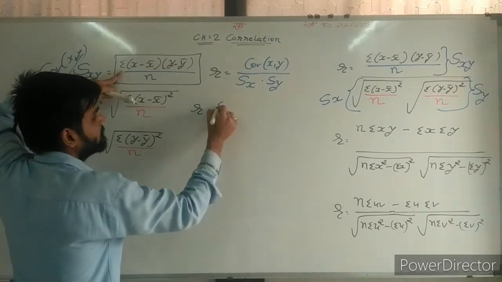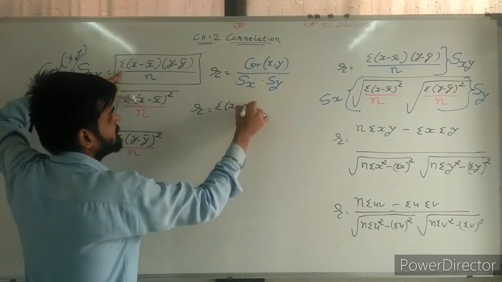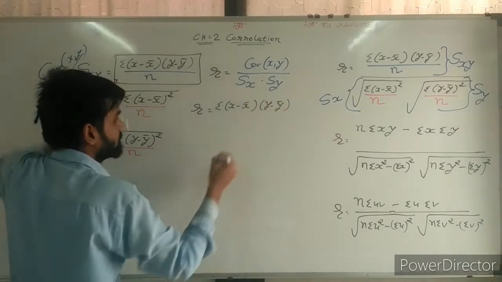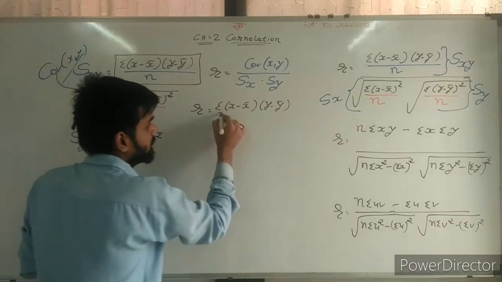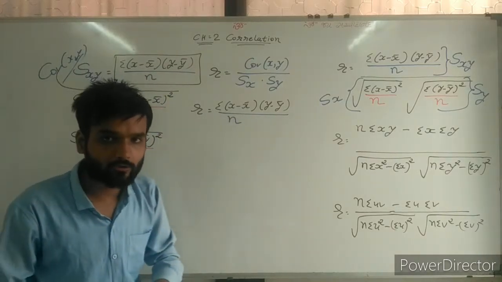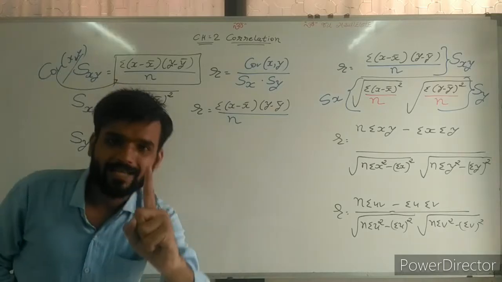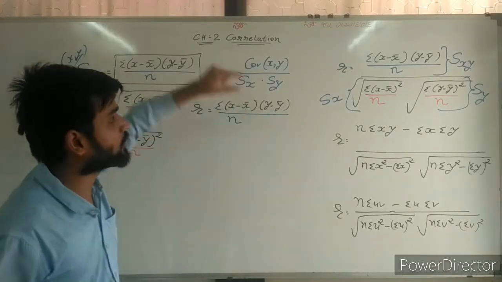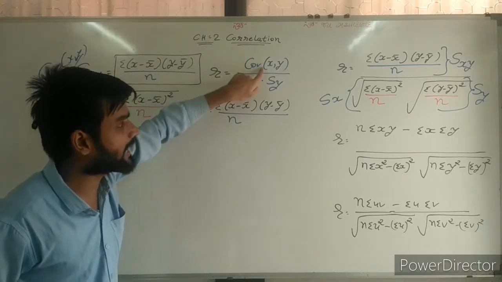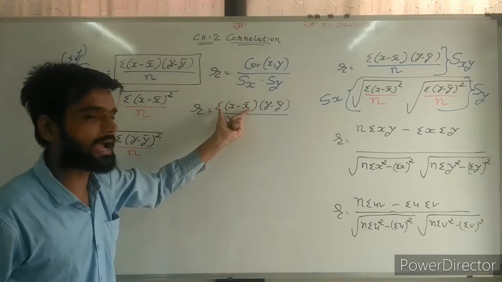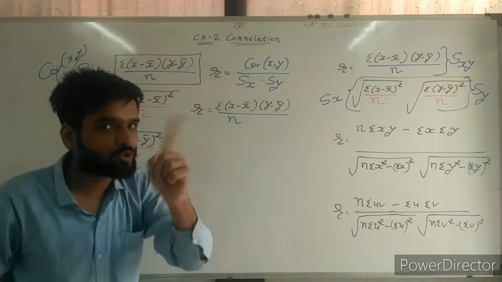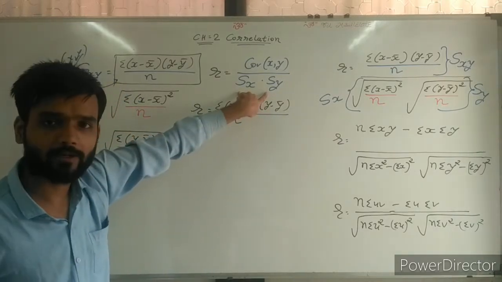So here sigma x minus x bar, y minus y bar divided by n. Now try to understand. I am replacing the value of only covariance of xy. So covariance of xy is equal to sigma x minus x bar, y minus y bar upon n. Now I am not replacing the value of Sx and Sy.